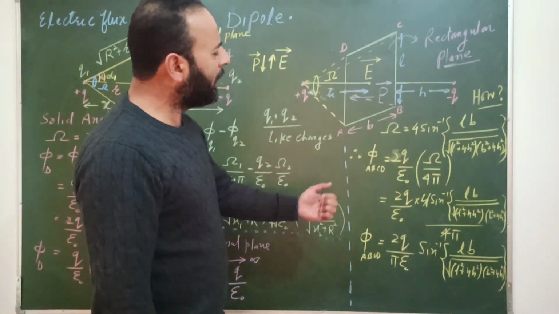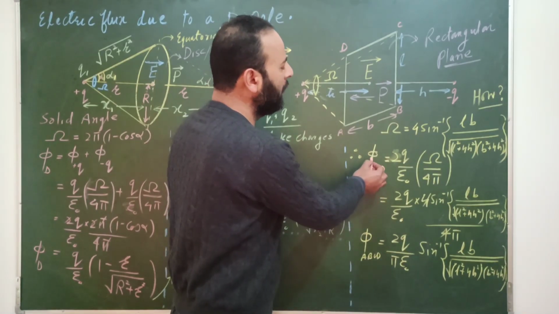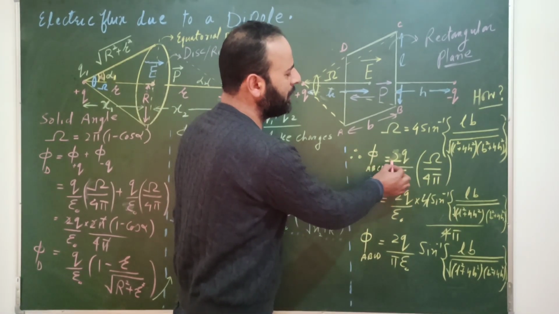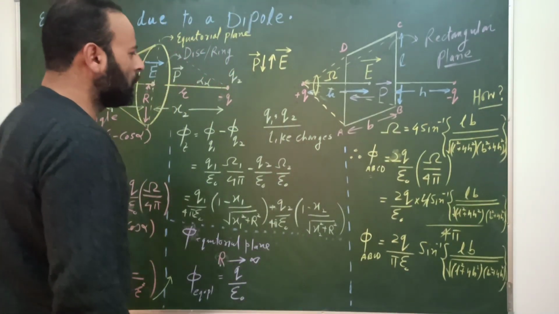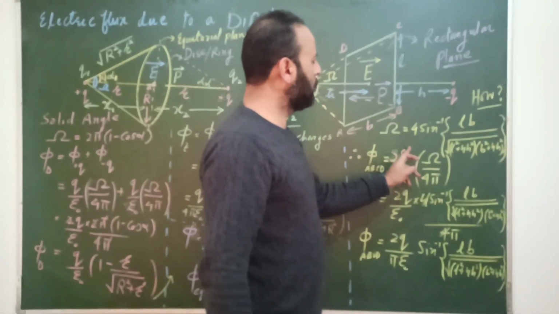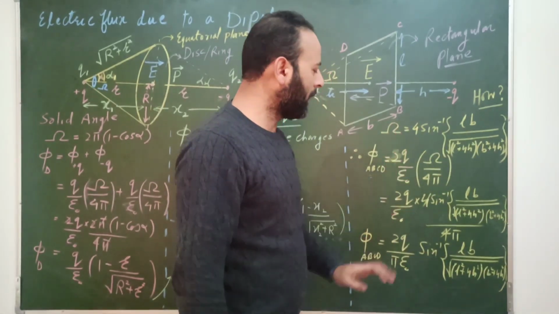Now, therefore, the electric flux through the plane ABCD, that is phi ABCD, since we have two charges as we did here, is 2 times Q divided by epsilon naught, times omega divided by 4 pi, right?